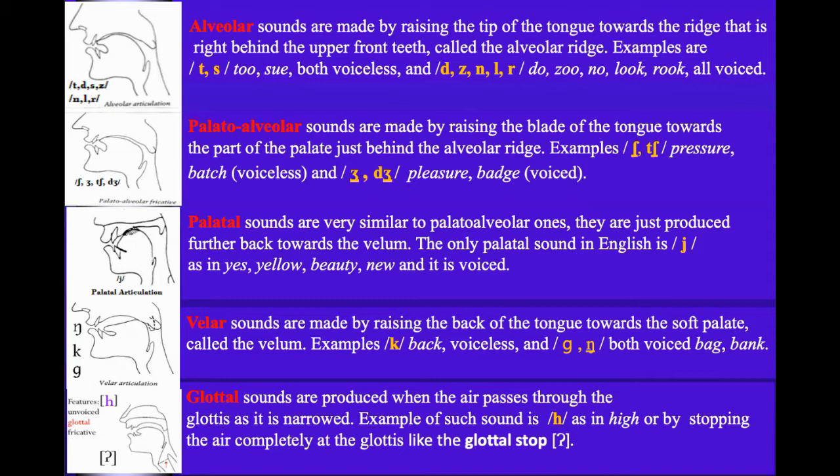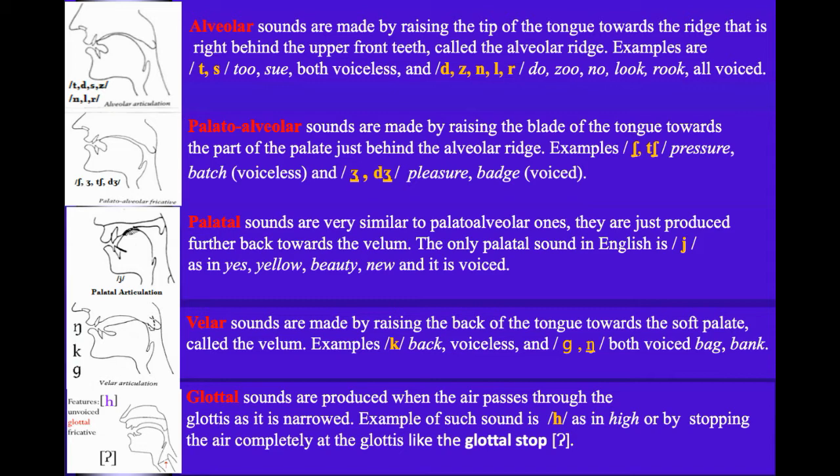Both are voiced, that is, they are produced with vibration in the vocal cords. Palatal. Palatal sounds are very similar to the palato-alveolar ones. They are just produced further back towards the velum. The only palatal sound in English is y, as in yes, yellow, beauty, new, and it is voiced, that is, produced with vibration in the vocal cords.